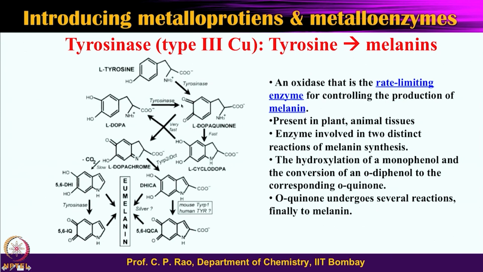The tyrosinase can convert tyrosine into dopa-quinone, and so also L-dopa can be converted into dopa-quinone as well, and these can internally convert to cyclodopa and dopachrome. These dopachrome in turn are connected by a variety of enzymatic reactions, including the tyrosinase, to give the eumelanin, which is a polymeric form of this, and that is what generates the black color.